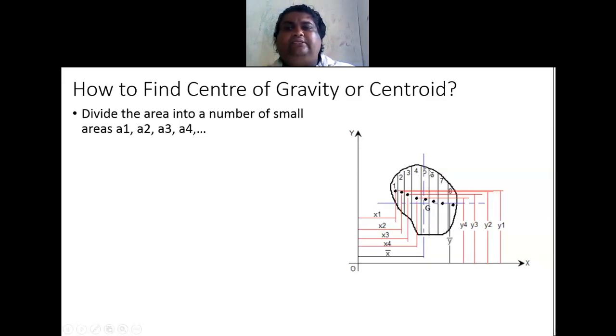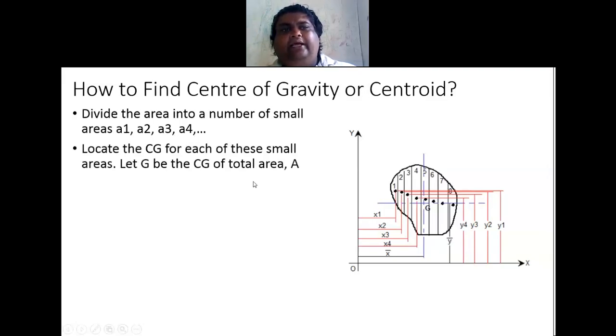Each of these areas can be assumed to be a small rectangle, so the area of these can be easily found. The area of each of these sections is A1, A2, A3, A4 and so on, right? The center of gravity of each of these elements is located at a particular distance from the x-axis and y-axis.